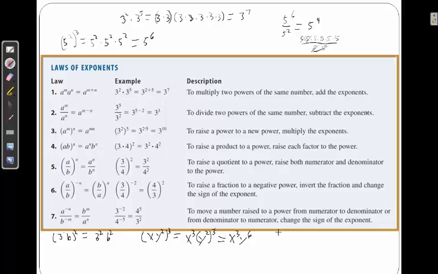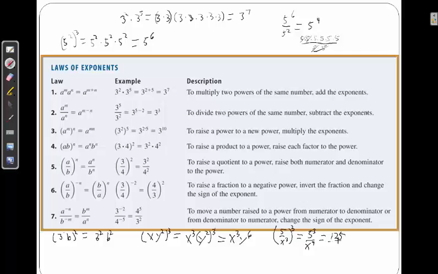And similarly for fractions. If I had 5 over x cubed to the 3rd, I would get 5 cubed over x to the 9th. One of the most common errors on these problems is forgetting to put the exponent on the number as well.